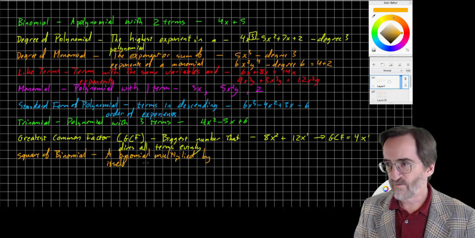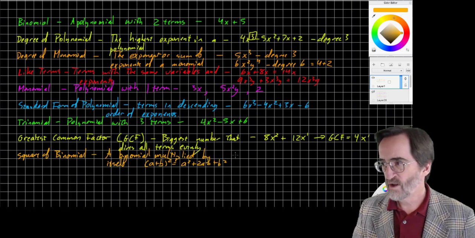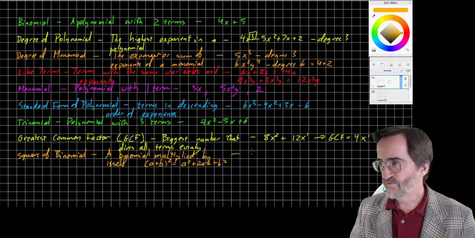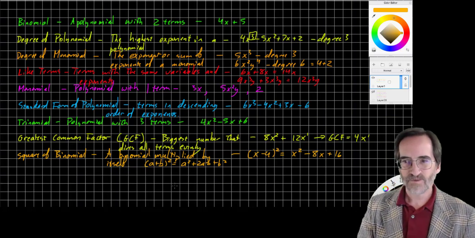And we use the formula a plus b squared equals a squared plus 2ab plus b squared. Example, x minus 4 squared equals x squared minus 2 times x times 4, which is 8x, plus negative 4 squared, or 16. Square of a binomial.